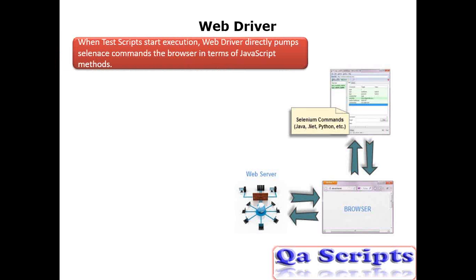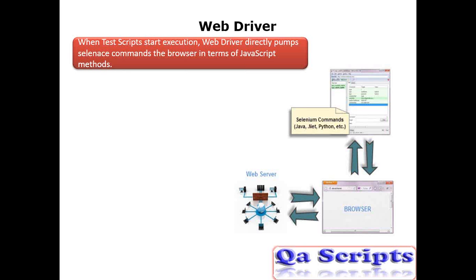When the script starts execution, WebDriver directly pumps Selenium's commands to the browser in terms of JavaScript methods only. In the sense, before sending any commands or instructions, first it will convert them into a JavaScript method. That JavaScript method will be sent to the browser.